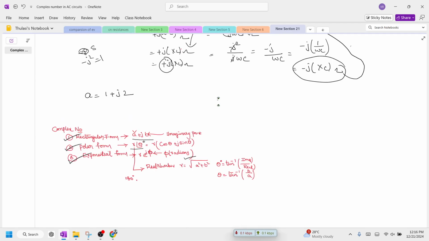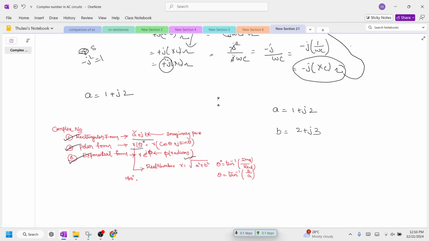Now here I have a number that is represented as 1 plus j2, so a I have as 1 plus j2, and I'm taking b as 2 plus j3.